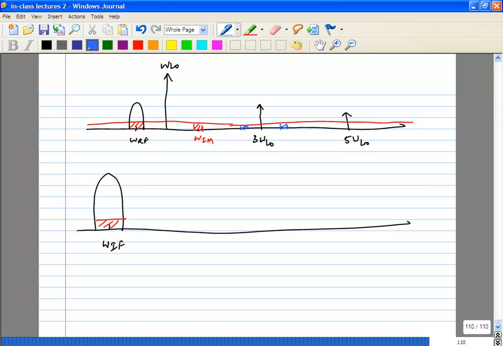So this frequency is omega IF. This component is going to mix with that noise to down convert it to IF, and same thing with these two.